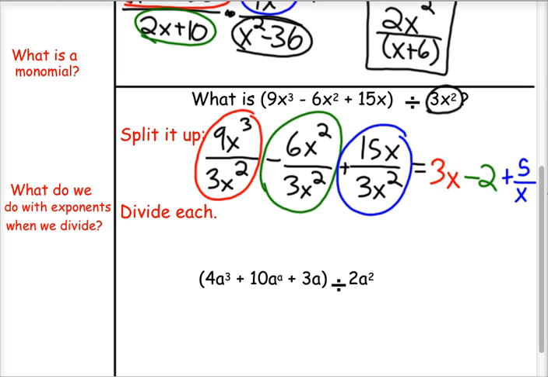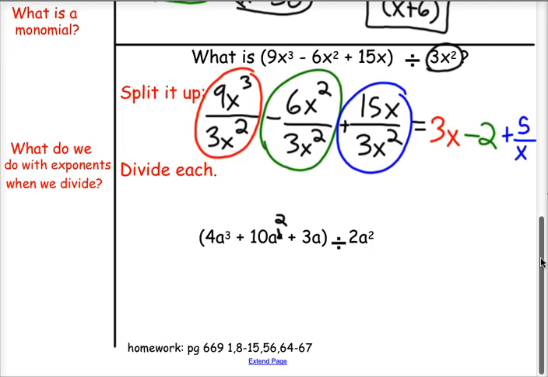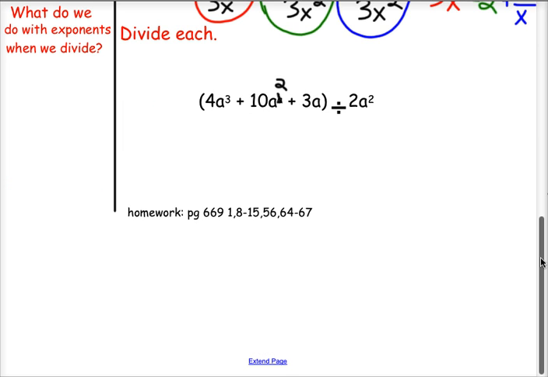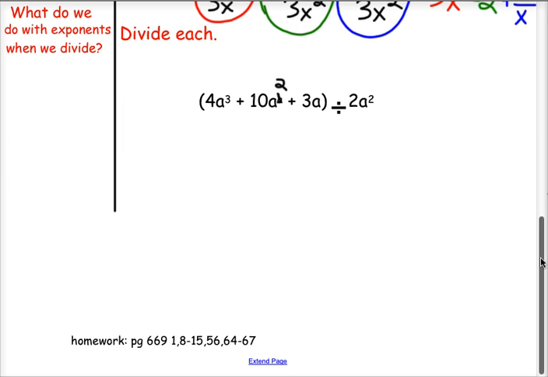So, looking at our next one. First off, I'm going to fix the little typo that's in here. That a to the a, that really should be an a squared. So first I'm going to fix that to make it less awkward to look at. But now we're going to solve this exactly the same way that we solved the other one. So, the first thing that I'm going to do is I'm going to write this out.